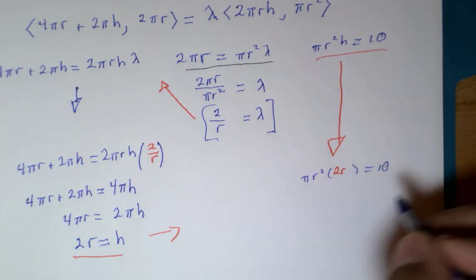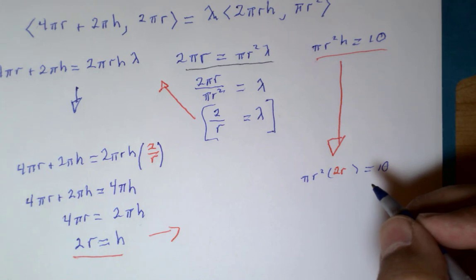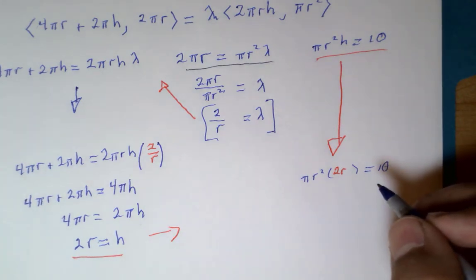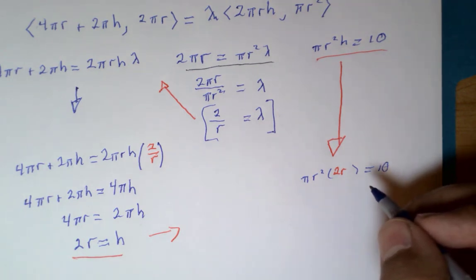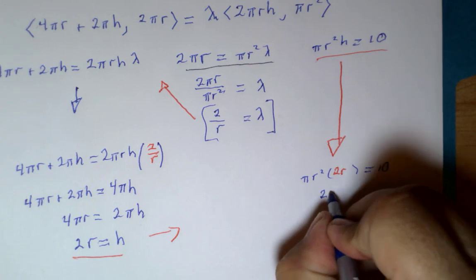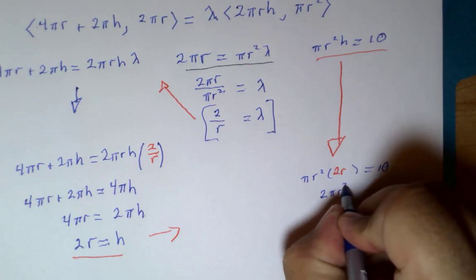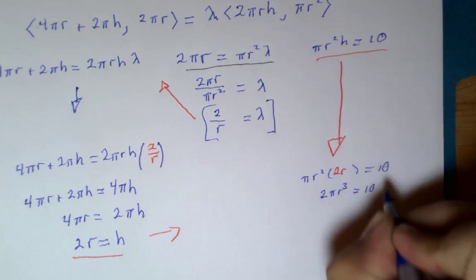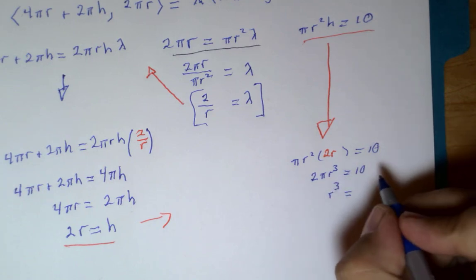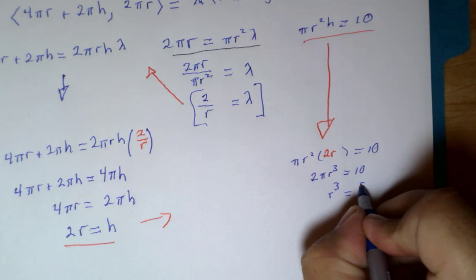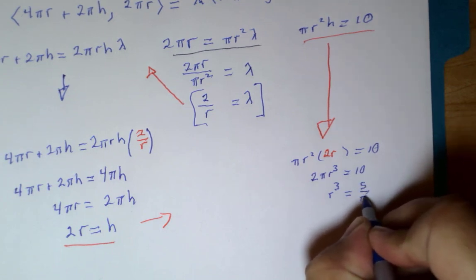And that means that I have 2 pi r cubed equals 10, r cubed equals 10 over 2 pi, which would be 5 divided by pi.